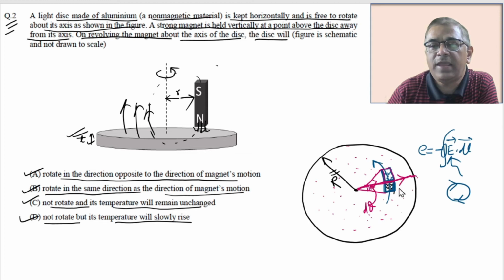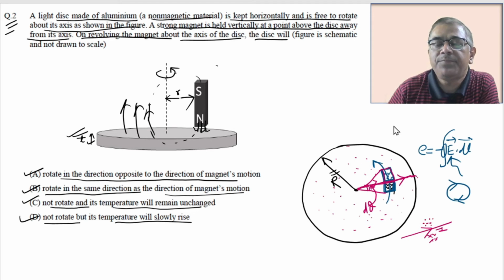Now if we take the induced current like this, then because of this induced current, the magnetic field within this region should be downwards, and on the other side the magnetic field will be coming normally upwards. Is it okay? So you see, as the magnet is moved, what is happening within this region?